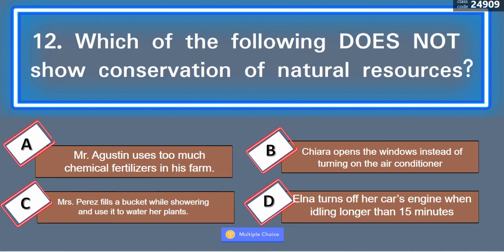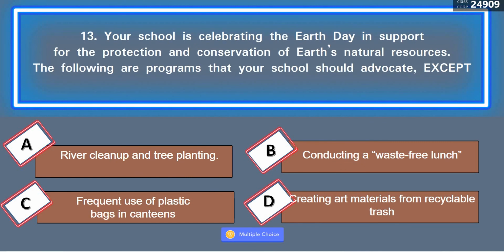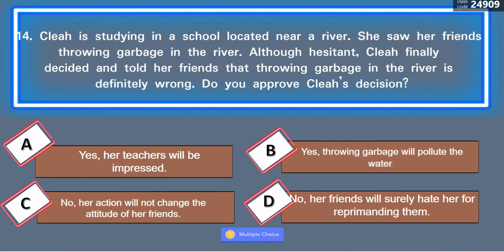Correct, it is letter A. Mr. Agustin uses too much chemical fertilizers in his farm. Number 13. School is celebrating Earth Day in support of the protection and conservation of Earth's natural resources. The following are programs that your school should advocate except. Great. Letter C, frequently use plastic bags in canteens.